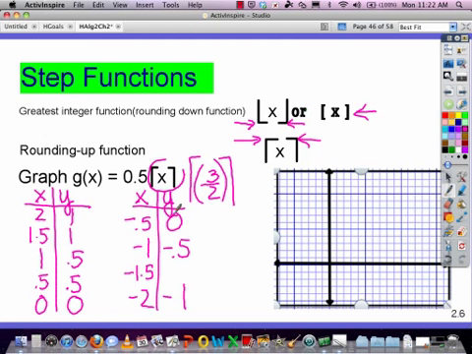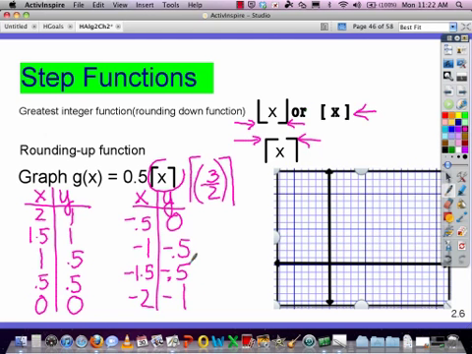Then go to your negative 1.5, rounding up would make that a negative 1. Half of negative 1 is negative 0.5. So now you have some things established so that you can go to your graph and see the pattern, make your step functions from there. We'll do that next.